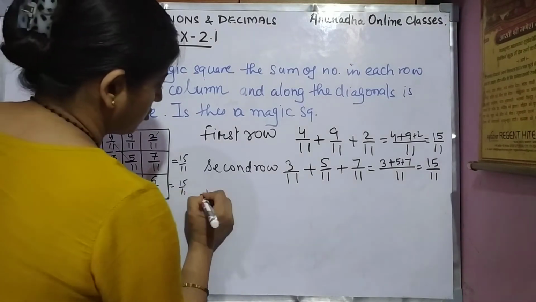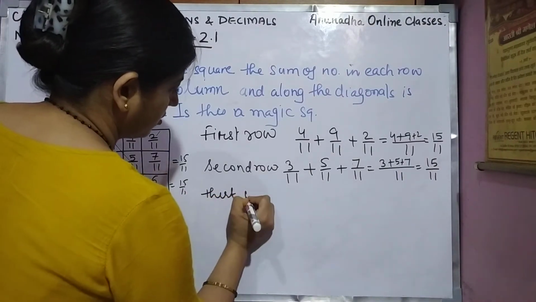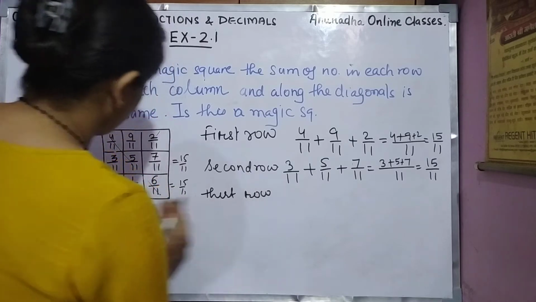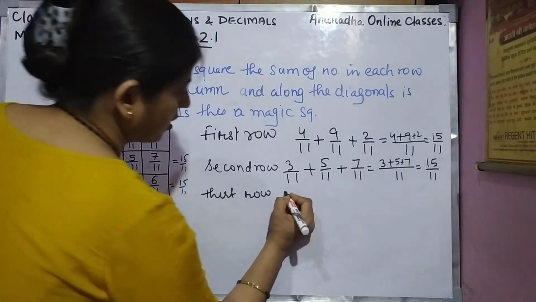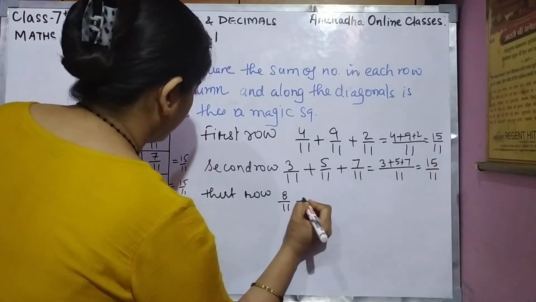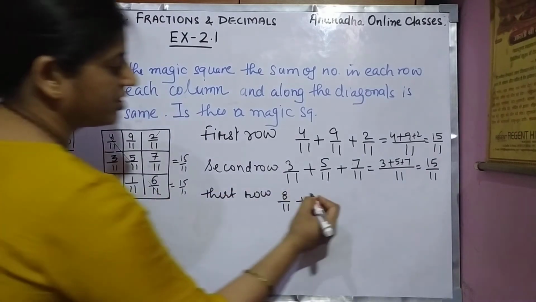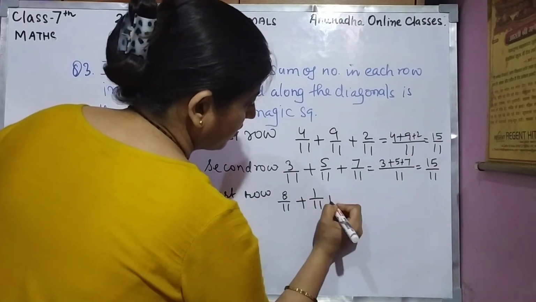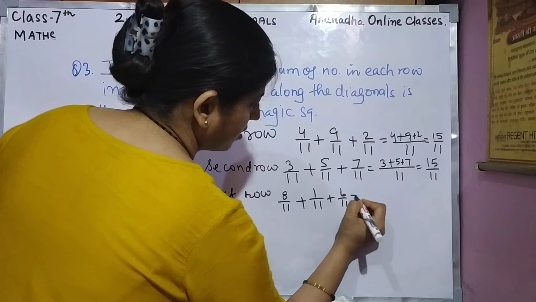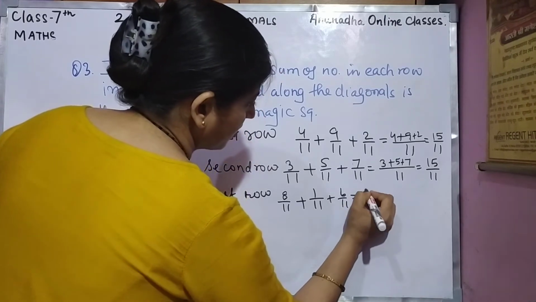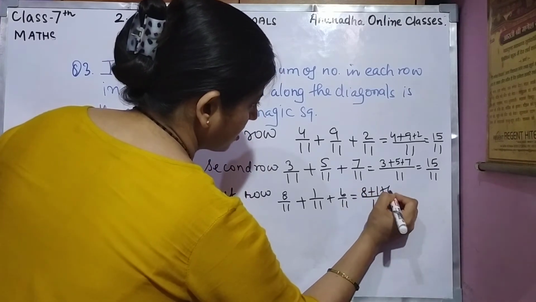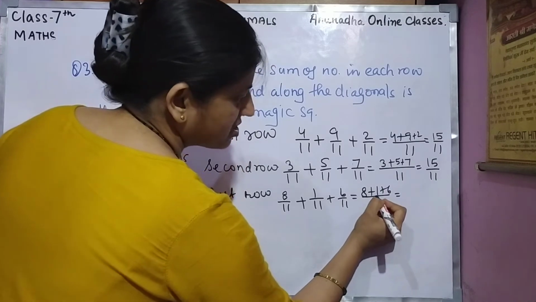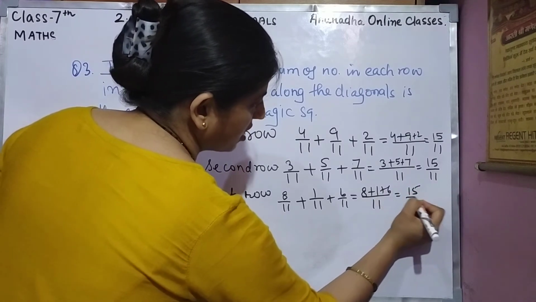Now let us come to the third row. In the third row, what is given? 8 upon 11 plus 1 upon 11 plus 6 upon 11. The LCM is the same, that is 11. 8 plus 1 plus 6: 8 plus 1 is 9, 9 plus 6 is 15 upon 11.